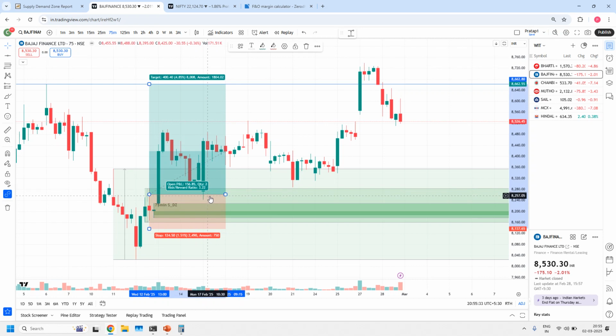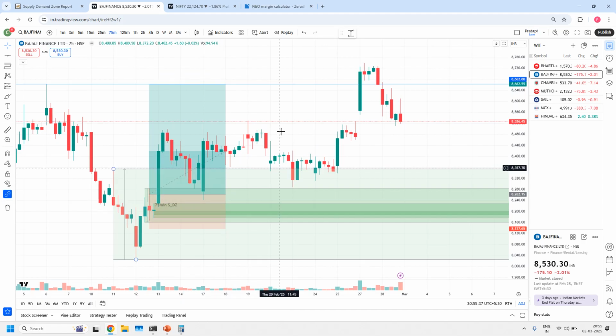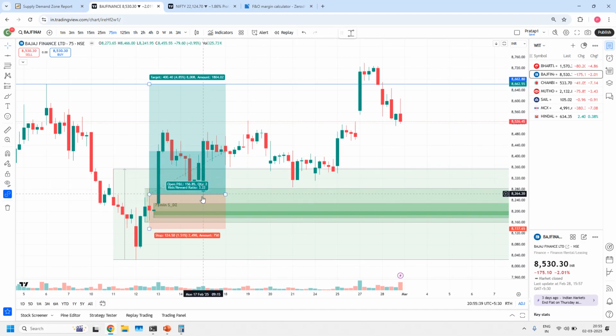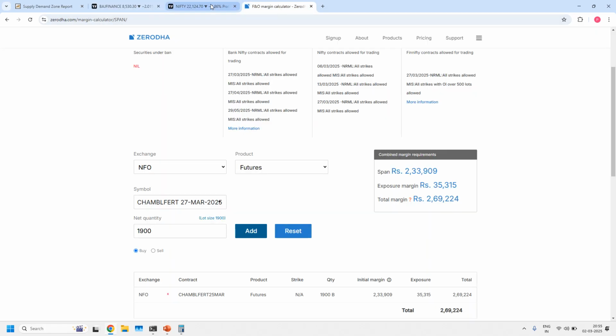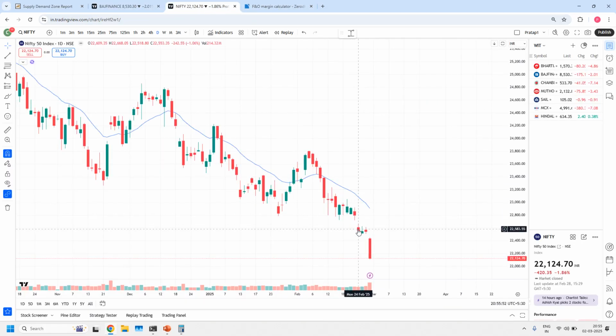Now what you can do? You can plan a trade once prices reach. Does it reach? Yes. See, Monday, what happened? Prices entered a little inside your entry and then sharply started moving up. What kind of day was Monday? Overall Nifty was down by 242 points.